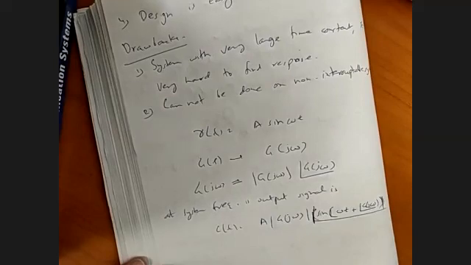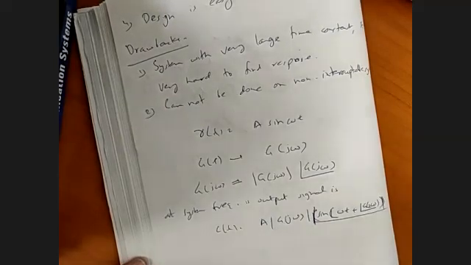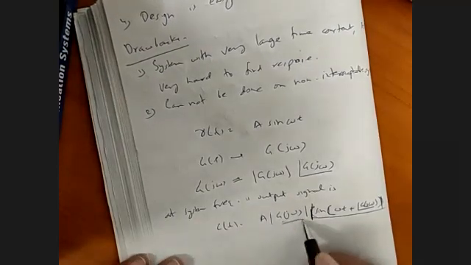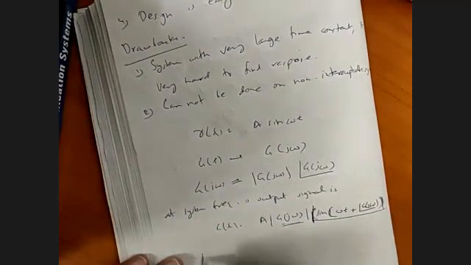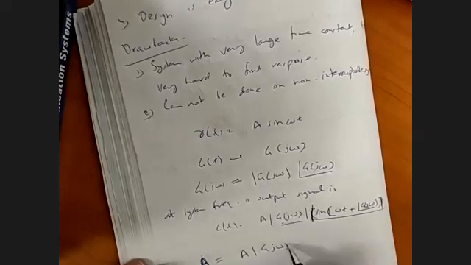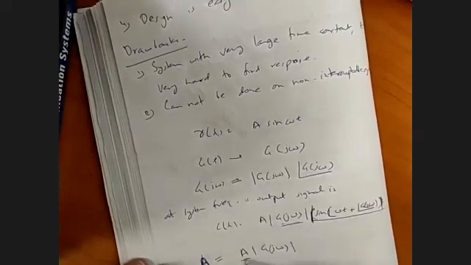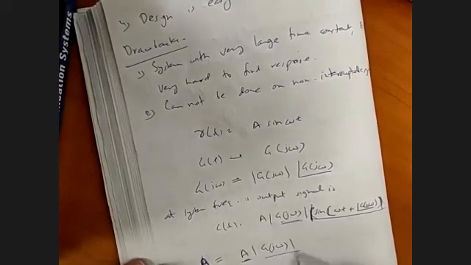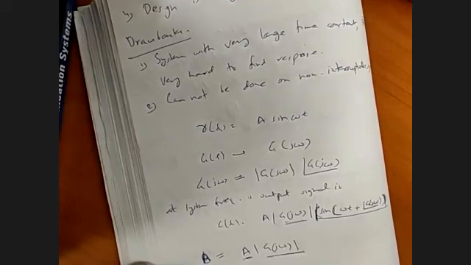So the amplitude of the output sinusoidal signal is obtained by multiplying the amplitude of the input sinusoidal signal and the magnitude of G(j omega). So amplitude of this signal output will be A into G(j omega). That is magnitude of input signal into magnitude of transfer function.